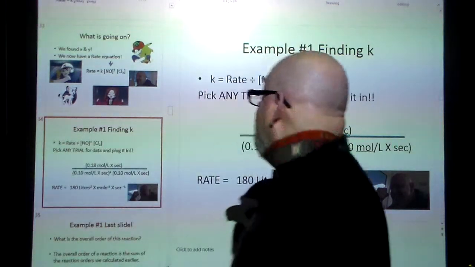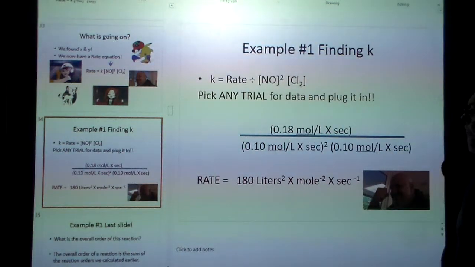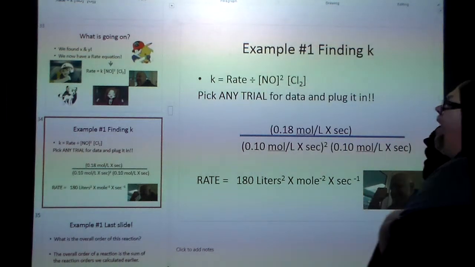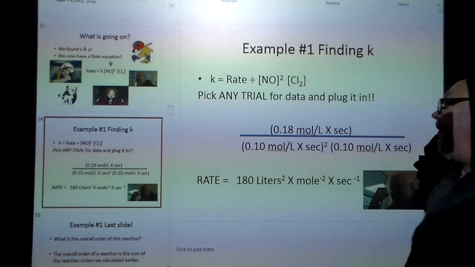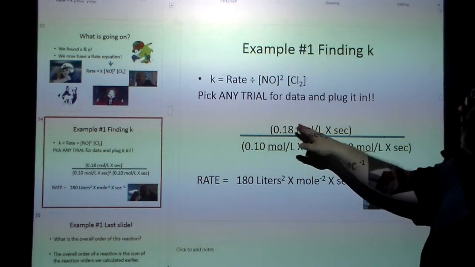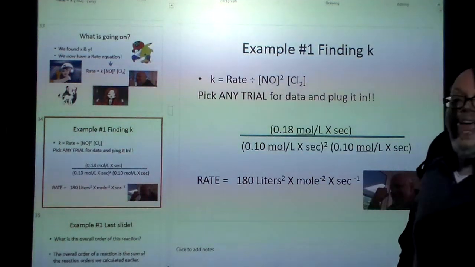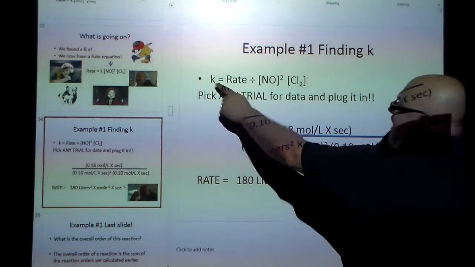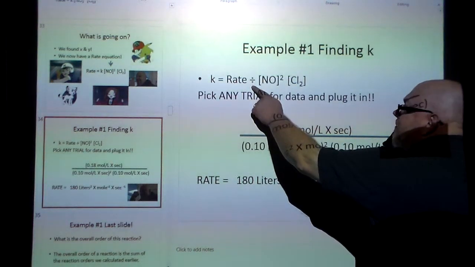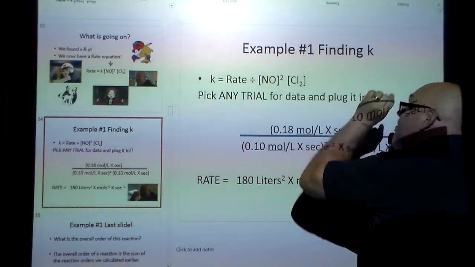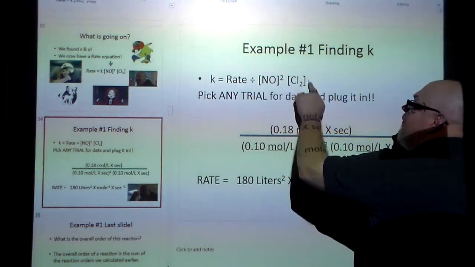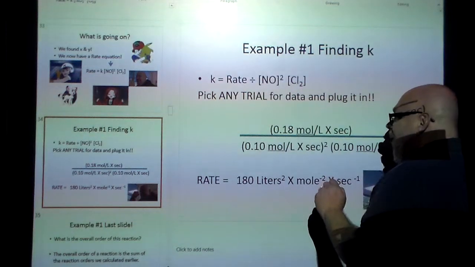Exactly. Okay? So we're going to look at trial number 1, where both initial concentrations are 0.1, and we've got 0.18 as our rate, because k will equal the rate divided by the concentration of NO squared multiplied by the concentration of Cl2 to the first power.